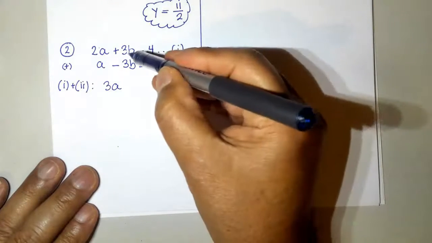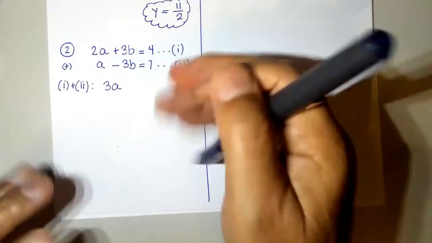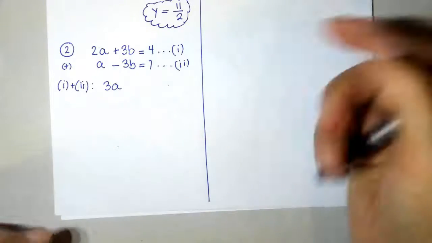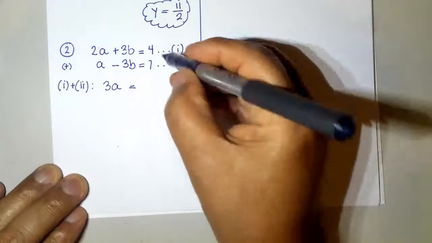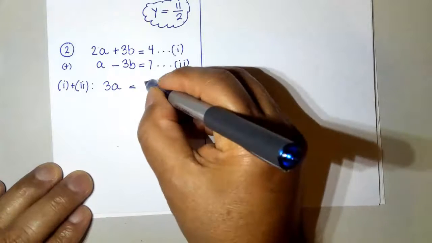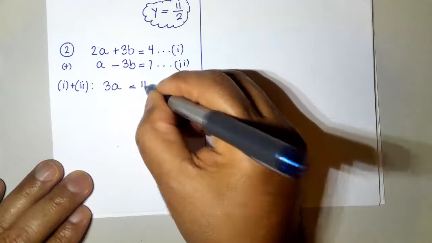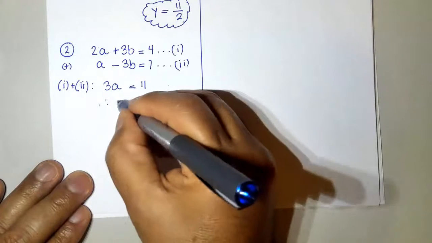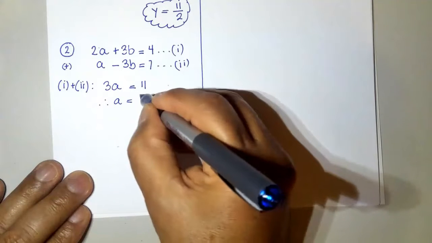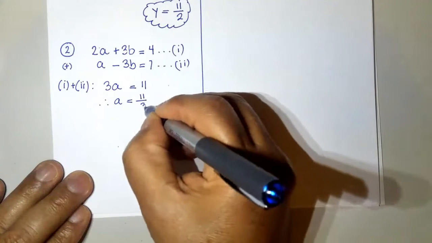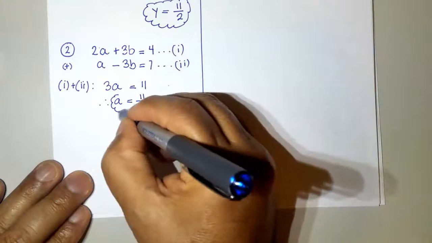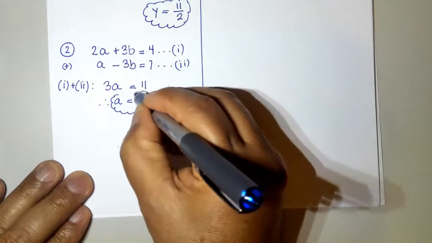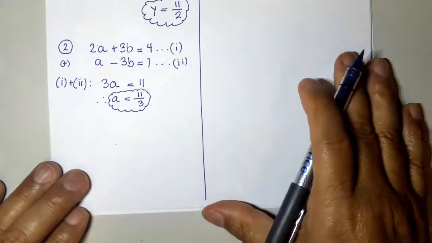If you plus 3b plus minus 3b, they cancel each other. Then we're going to have 4 plus 7, which is 11. Therefore a is equal to 11 on 3. Great, so we have the answer for a.